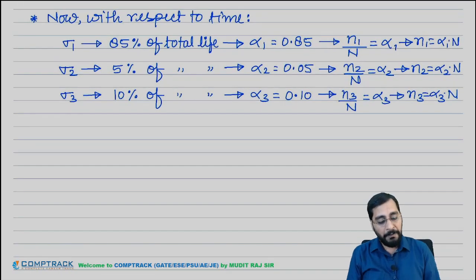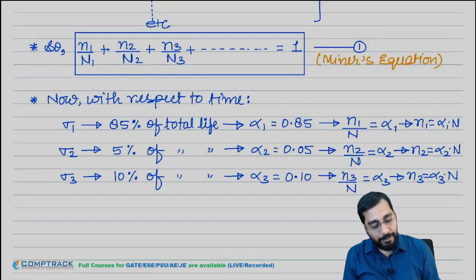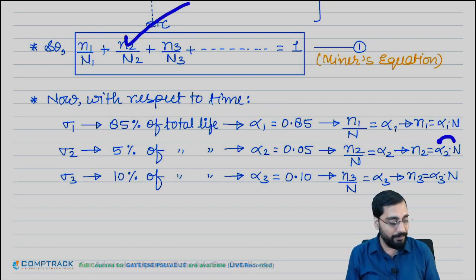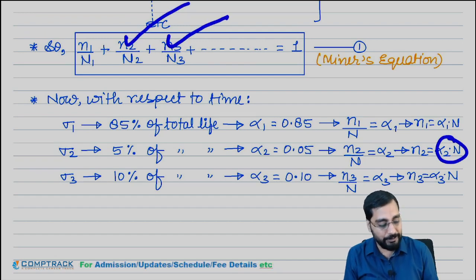Got the point or not? So here in this equation, n1 is equal to alpha 1 into N, n2 is equal to alpha 2 into capital N, n3 is equal to this.